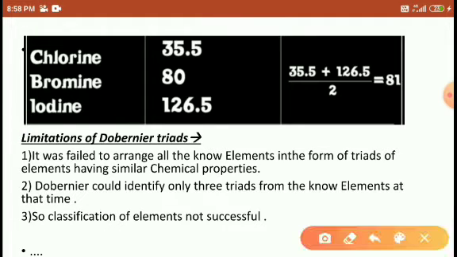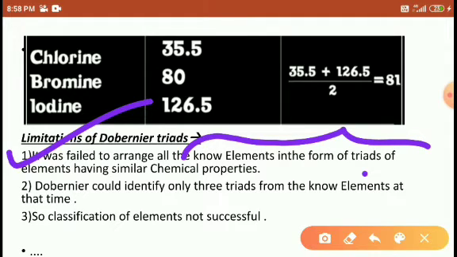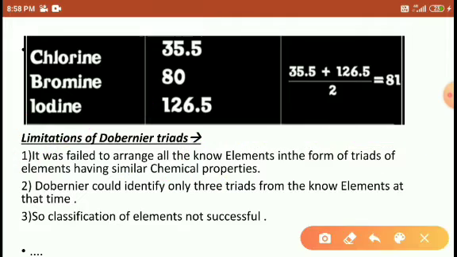Understand? Okay. So his classification failed to arrange all the elements in the form of triads having similar chemical properties. This theory failed. Why? Because he arranged only the known elements, those available in the year 1863 or so.